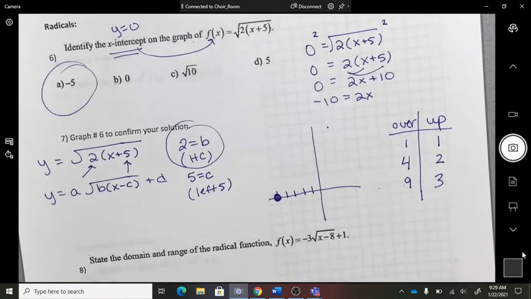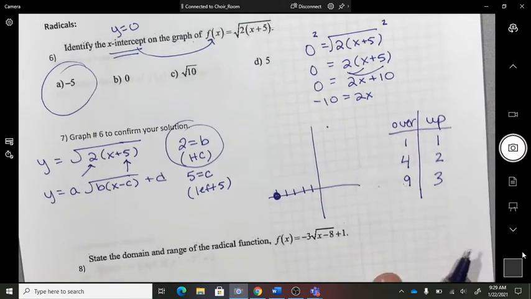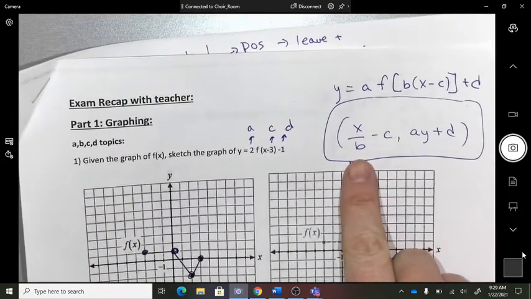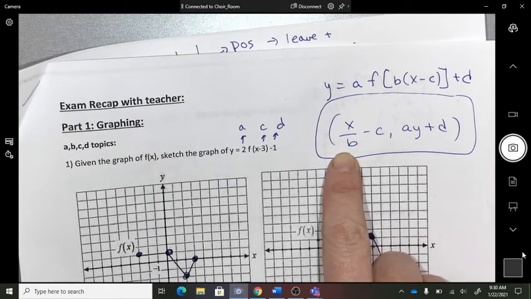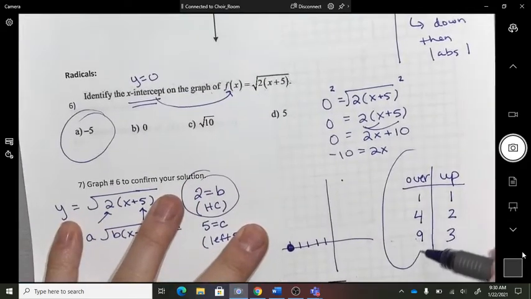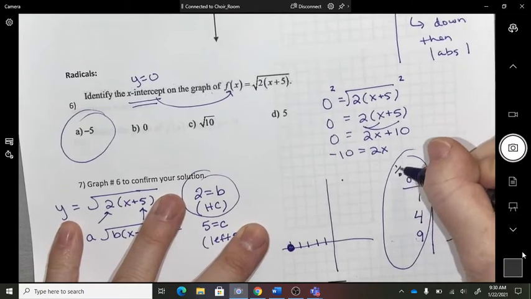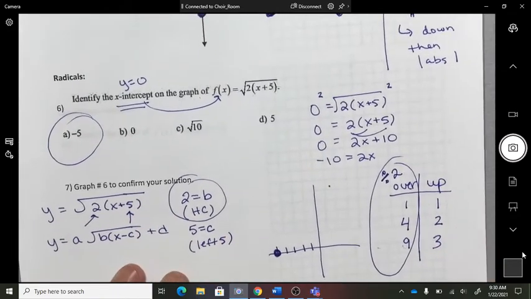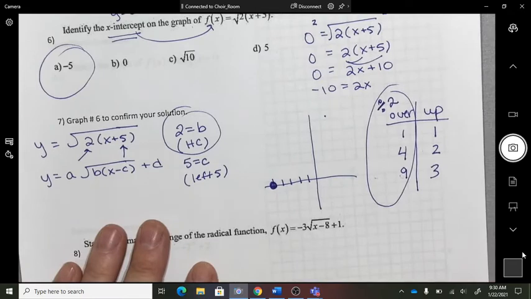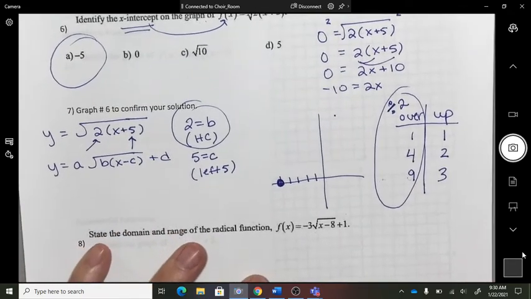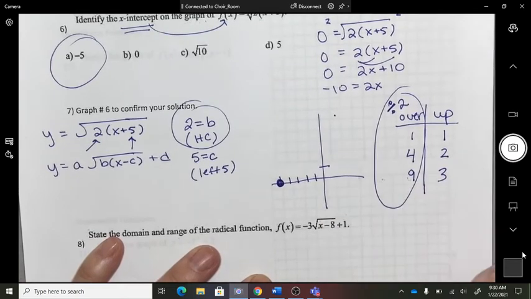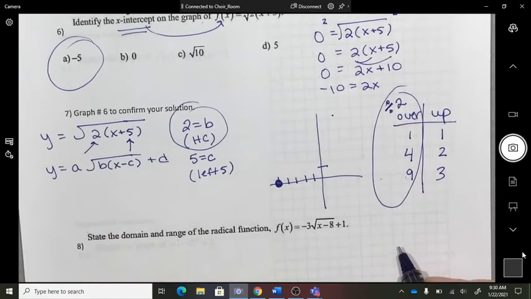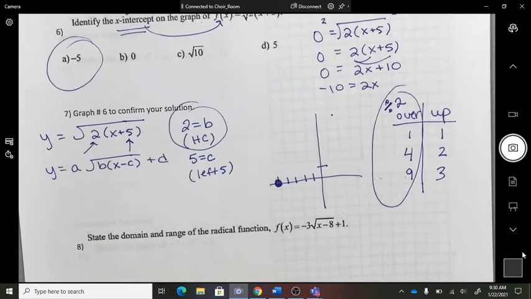We got to put the B in there somewhere. What does a B value do? X gets divided by B. So all those are going to get divided by 2. Okay, so you're going to move a half right, 1 up.